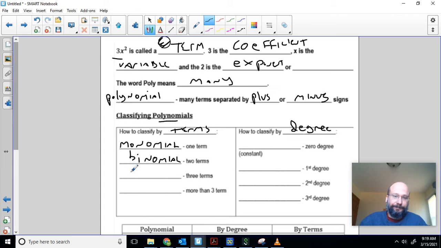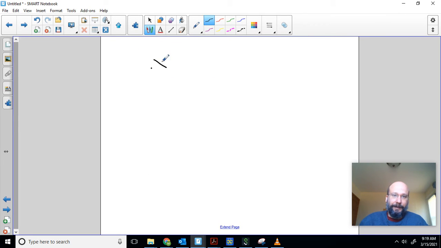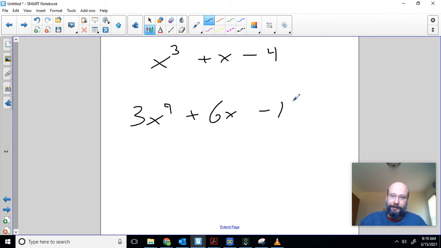Three terms is a trinomial. You know that the prefix tri, T-R-I, means 3. So x to the third plus x minus 4 is three terms. We can do 3x to the fourth plus 6x minus 103.